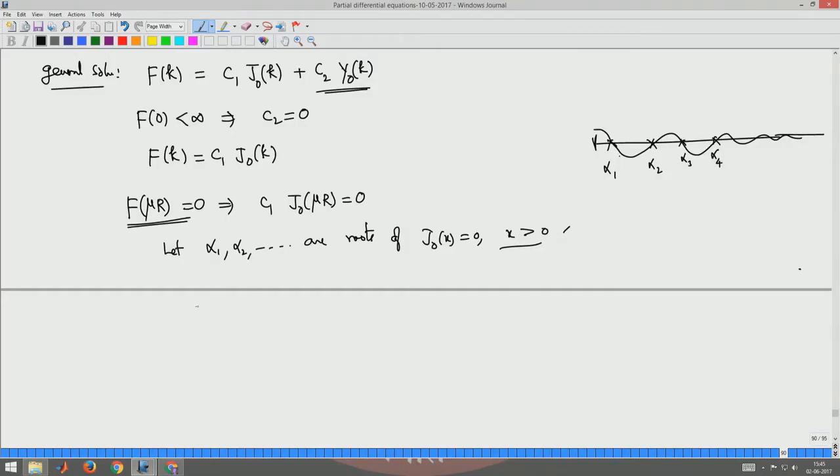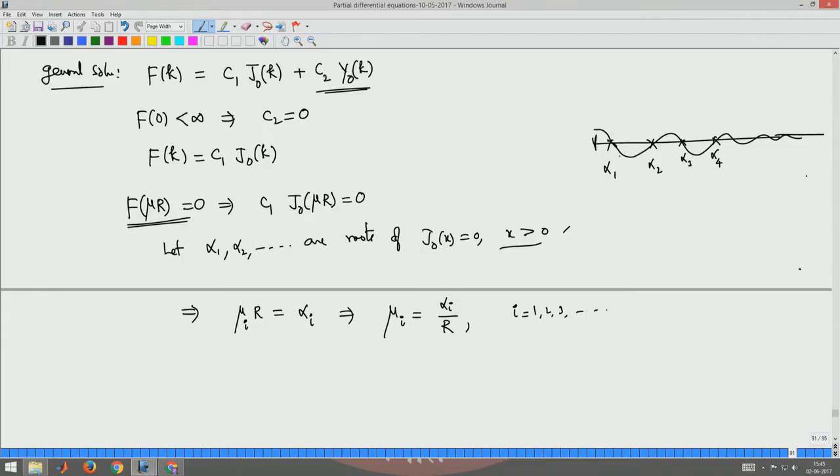So, what is your mu? Mu is positive. So, mu into R equal to alpha 1, and we call that mu 1. Each mu I corresponds to alpha I, so mu I equals alpha I by R, where I runs from 1, 2, 3 onwards.